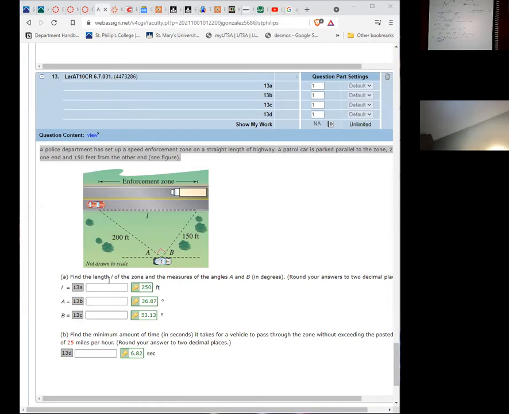So finding A, you have to do the inverse tan of the missing angle to solve for that angle. So opposite over adjacent.